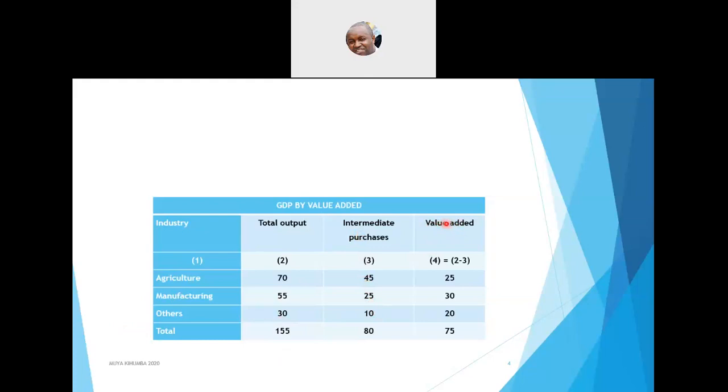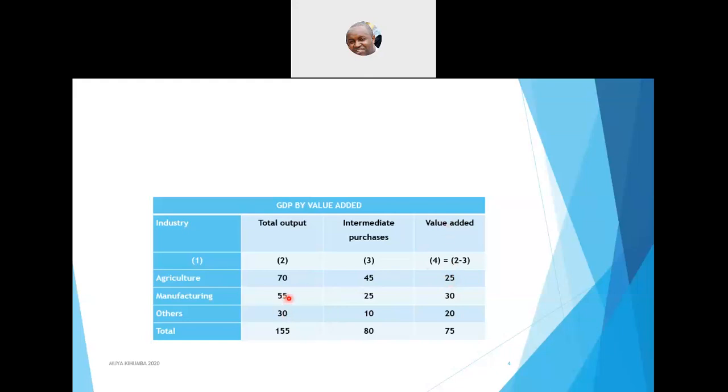For now, we could calculate value added by getting the difference between total output minus intermediate purchase in each of the sectors of the industry. In agriculture, total output is 70, intermediate purchase is 45, and when we subtract 45 from 70, we end up with 25 as value added in that sector.